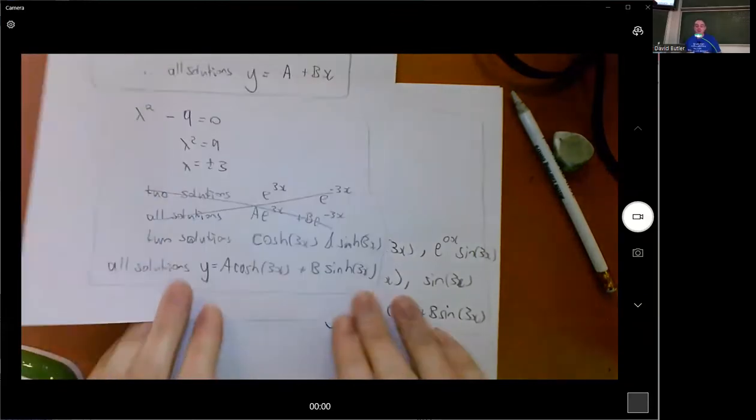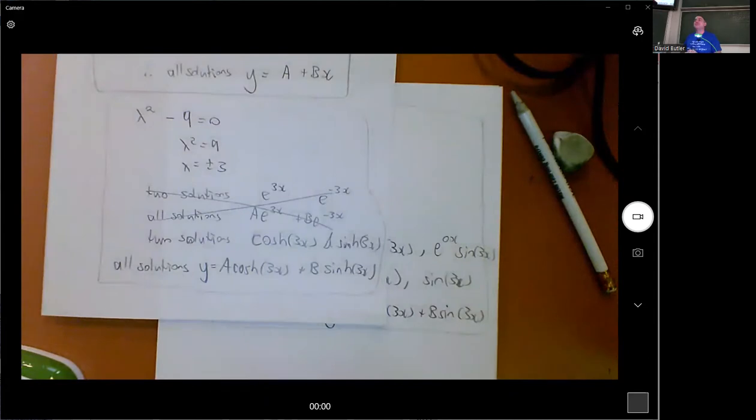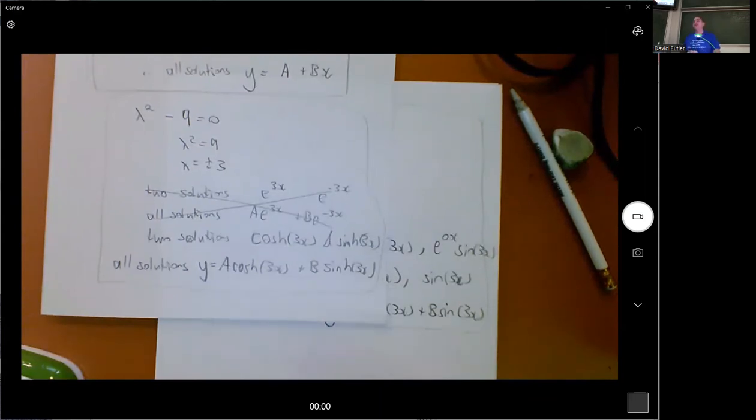No, but cosh of 3x is. Well, I didn't do that there. And in fact, if I was going to have a function that was neither odd or even, I would probably avoid using a and b if I was thinking clearly. But so you're right. Very important point.